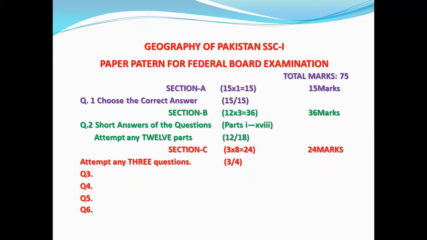Section C. In this section, there are long questions. You will attempt any 3 questions out of 4. Each question carries 8 marks. Section C has 24 marks. So, this paper has 75 marks.